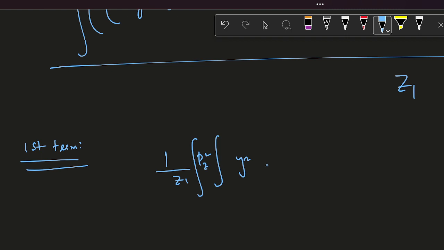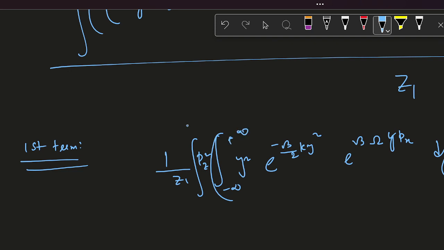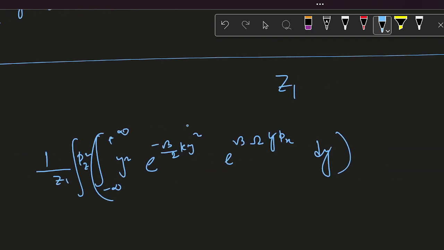It is y squared, already present in y squared pz squared. Then in the exponential you have e to the power of minus beta times half k y squared, which is another y-dependent term. Then from the rotational part you have beta omega y px. The whole thing goes under dy, because these are all y-dependent terms. So you can take a total integral over y together like this, and all the rest of the terms, in x, z, px, py and pz, you have to take separately.